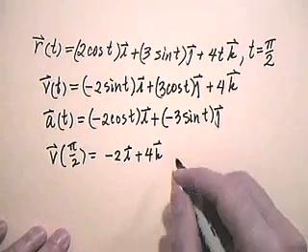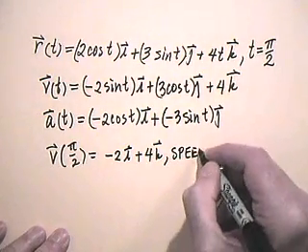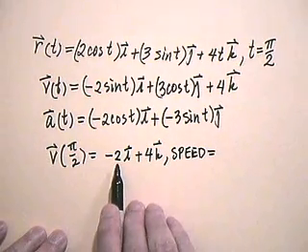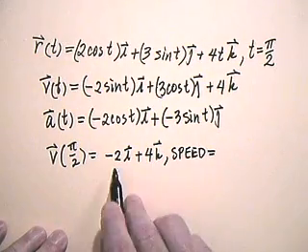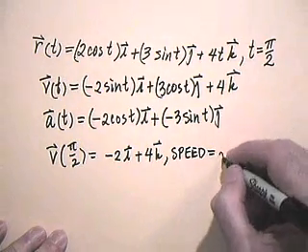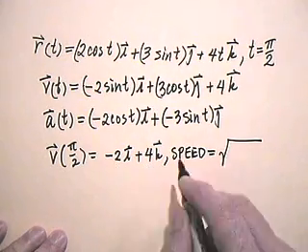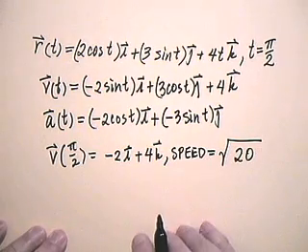And so consequently, the speed, being the length of the velocity vector, well, that's the square root of the sum of the squares of the components. That would be the square root of negative 2 squared is 4, plus 4 squared 16, that's square root 20.